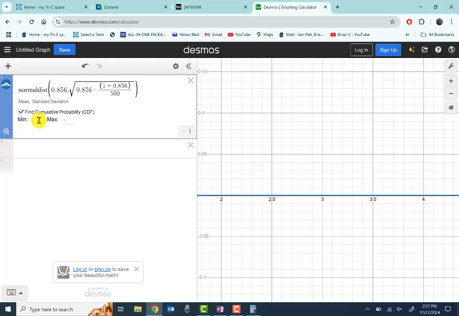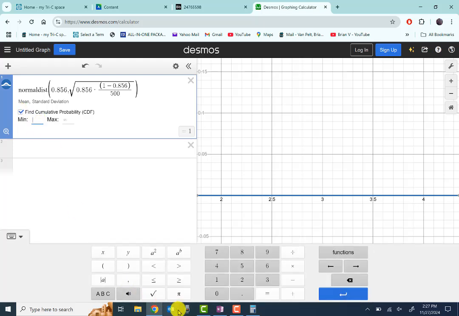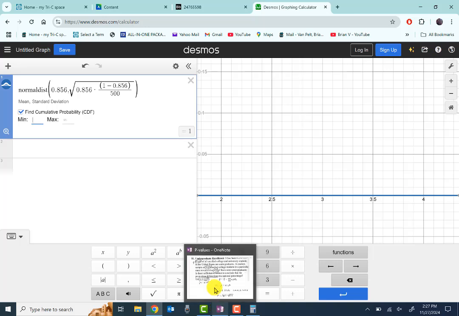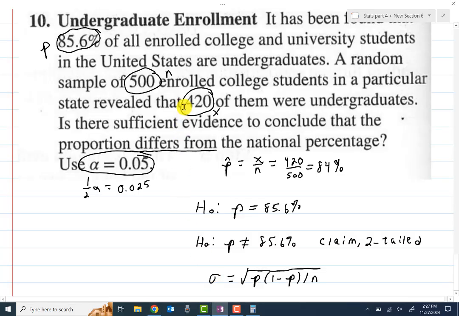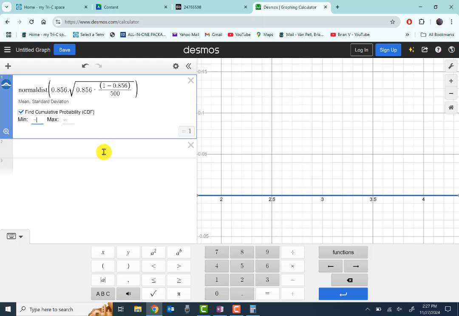The first thing you got to do is give it the min and the max. So when we come up to ours, we had smaller, so we're going to go from negative infinity to 0.84.